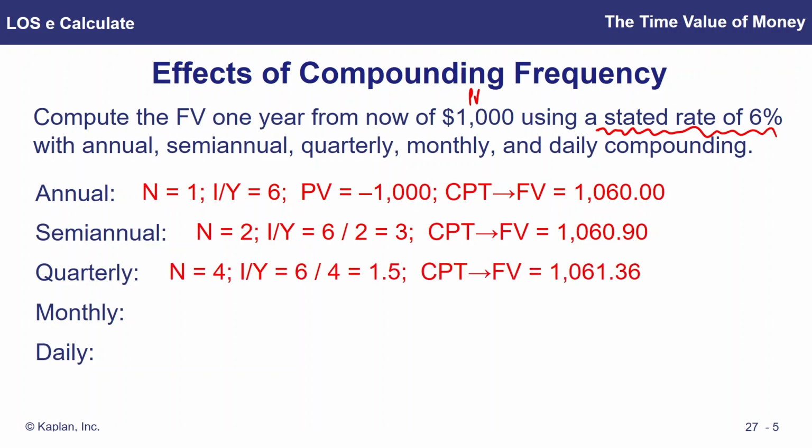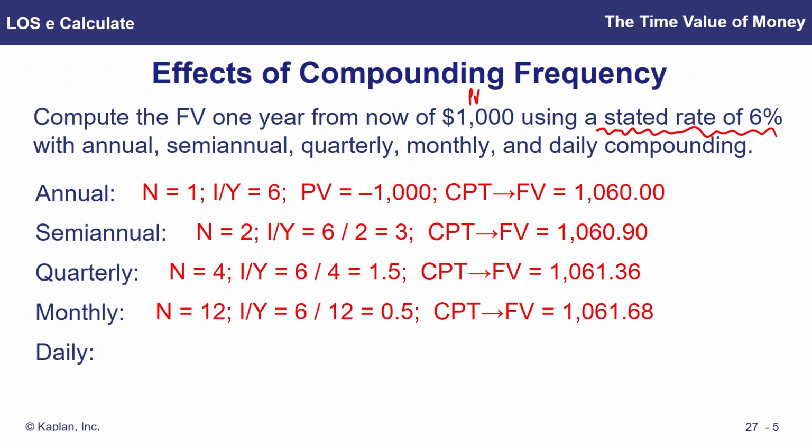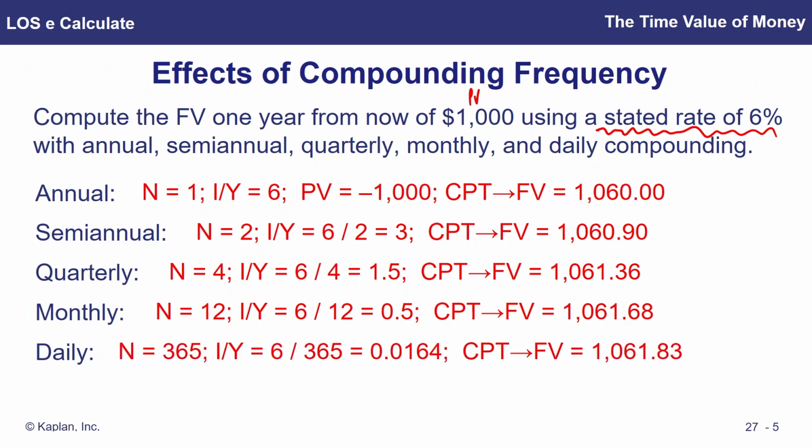With quarterly, n becomes 4, IY becomes 6 divided by 4, so 1.5% over the quarter. Monthly, n is going to be 12, and IY is going to be 6 divided by 12, so 0.5. And daily, n becomes 365, IY becomes 6 divided by 365 to get the highest future value. Notice as the amount of compounding periods per year increases, the future value gets bigger and bigger and bigger.